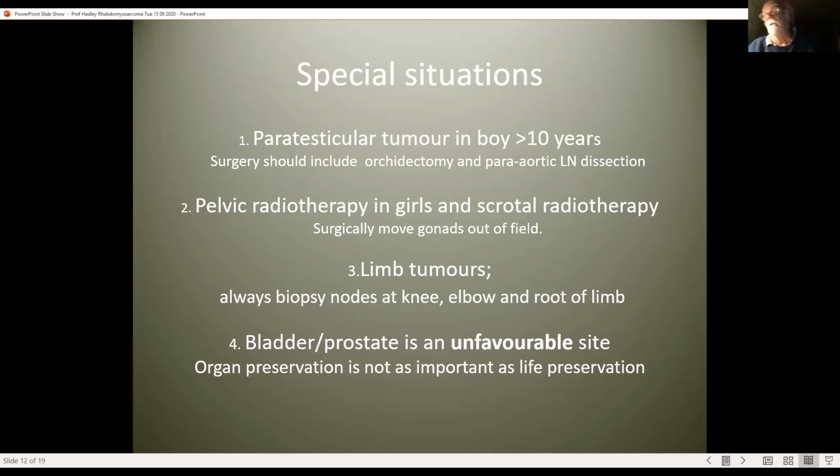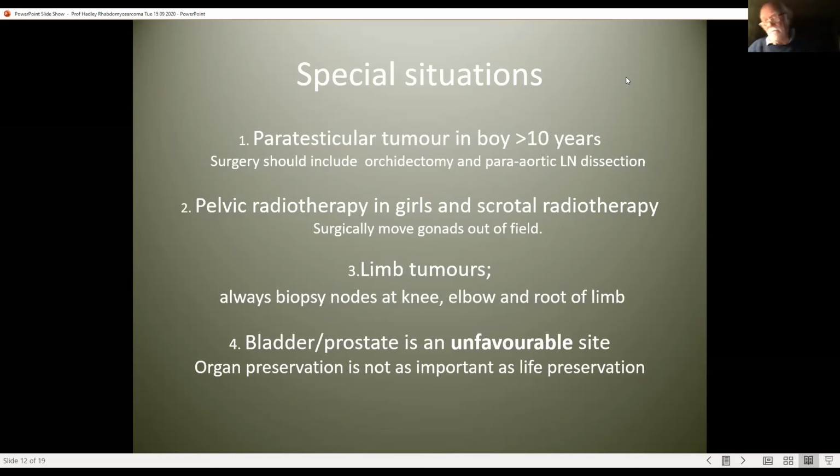And if we're giving scrotal radiotherapy, get the other gonad out of the way, and we surgically move them up into the lateral wall of the pelvis. Always biopsy nodes at the knee and the elbow. We tend to forget about nodes at the knee and elbow, and they can be positive while the nodes at the root of the limb are still negative.